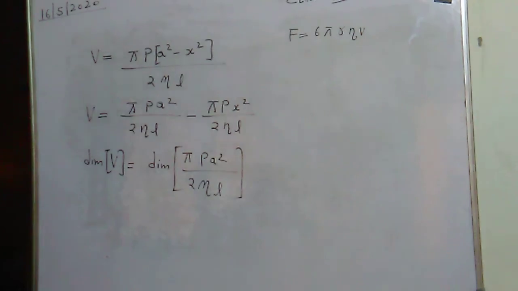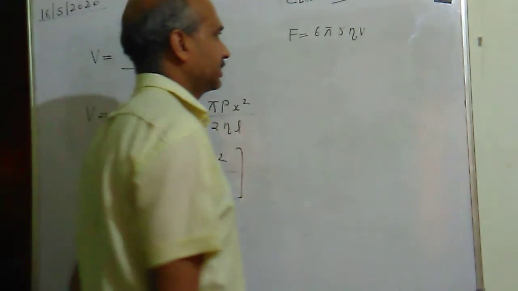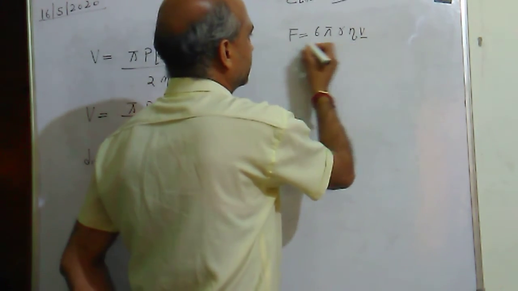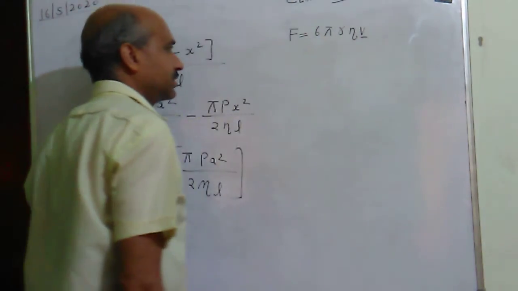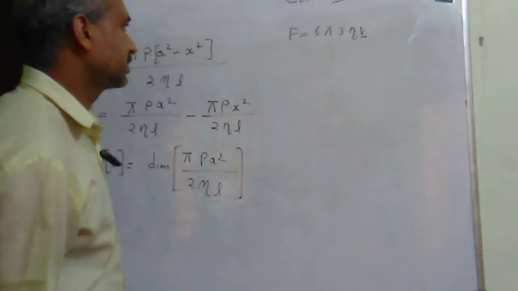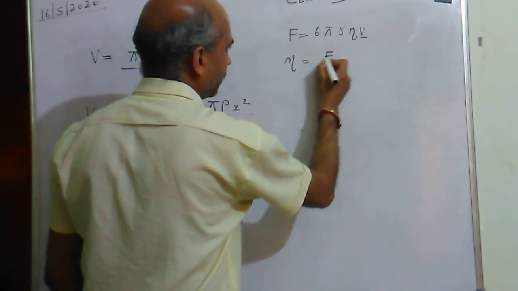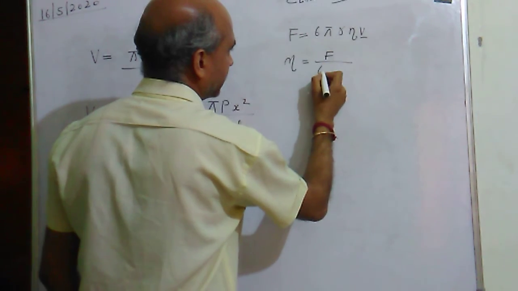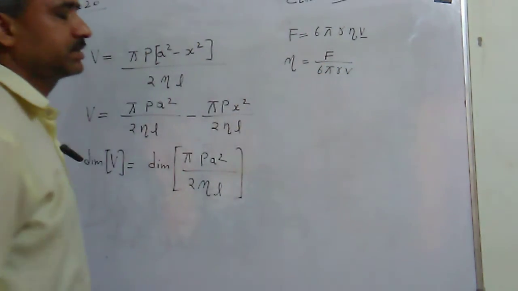From here we can find the dimension of eta, where v is the velocity, F is the force, 6 pi is a constant with no dimension, and r is the radius. So eta equals F upon 6 pi r v.